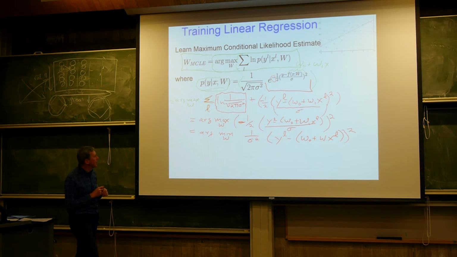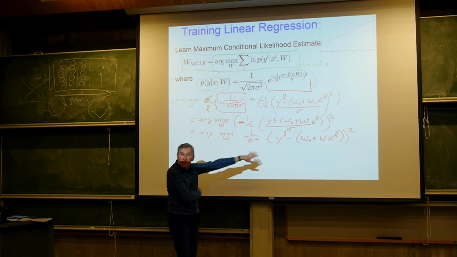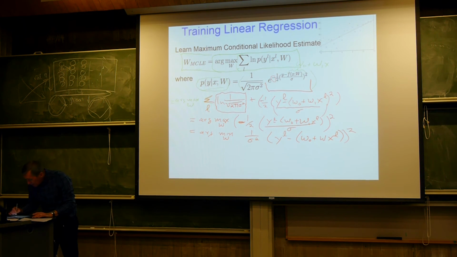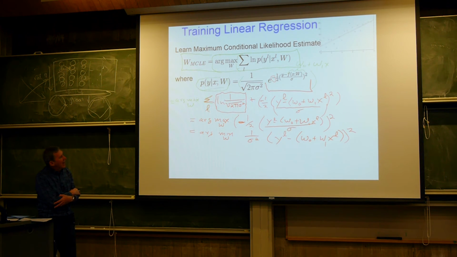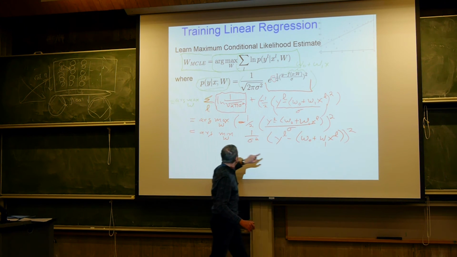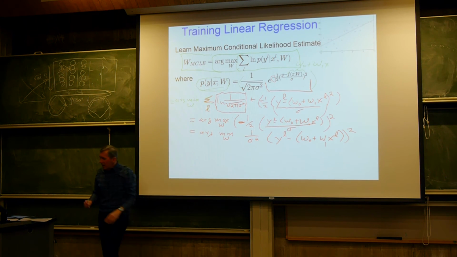That's nice and clean. Okay, so what I'm saying is, if I want to choose my weights, W0 and W1, according to the maximum conditional likelihood principle, then that's equivalent to saying that I want to choose my weights to minimize, oops, I left out my sum. You guys should have caught me.